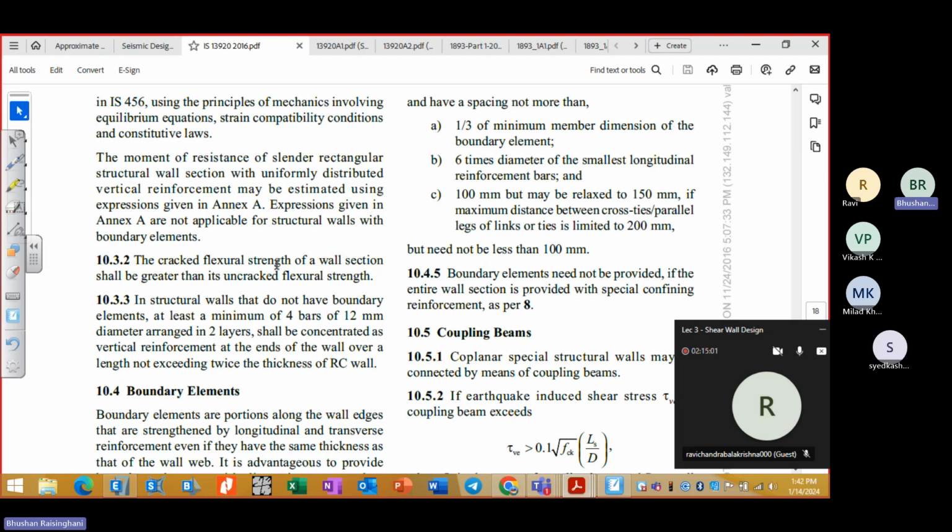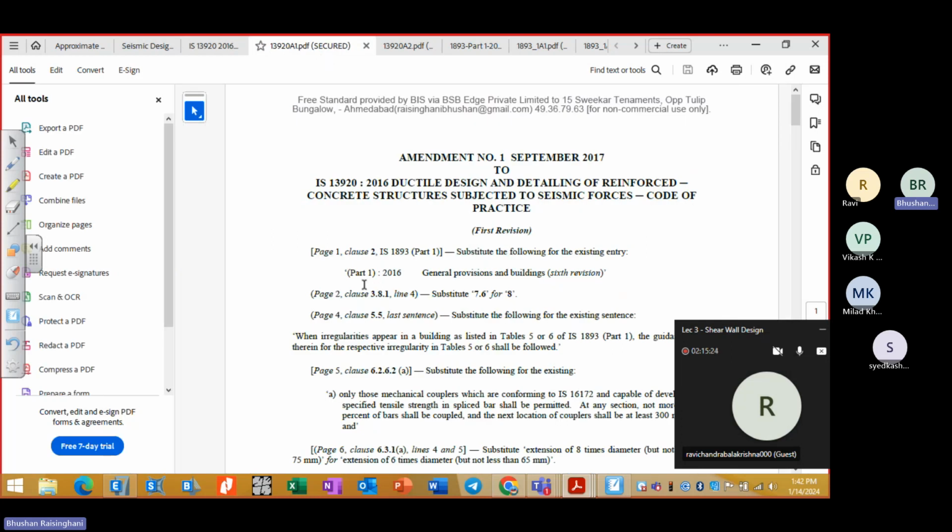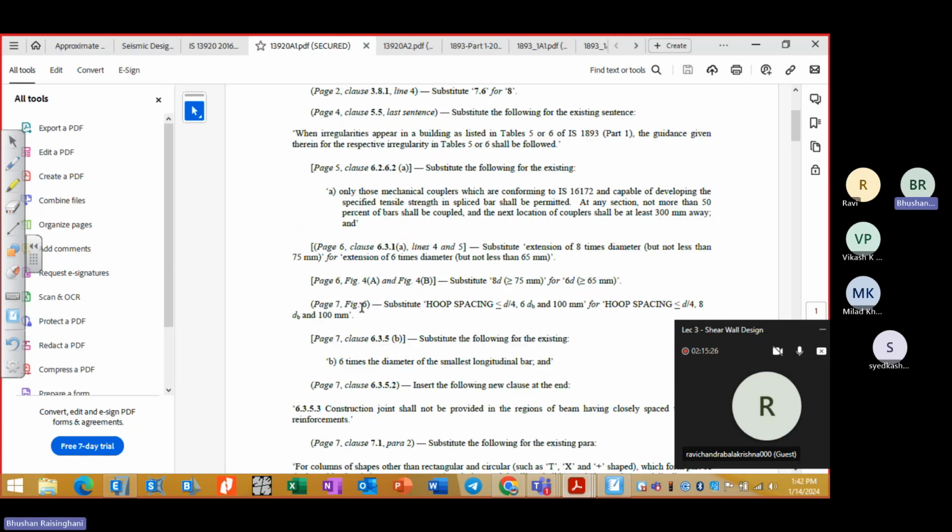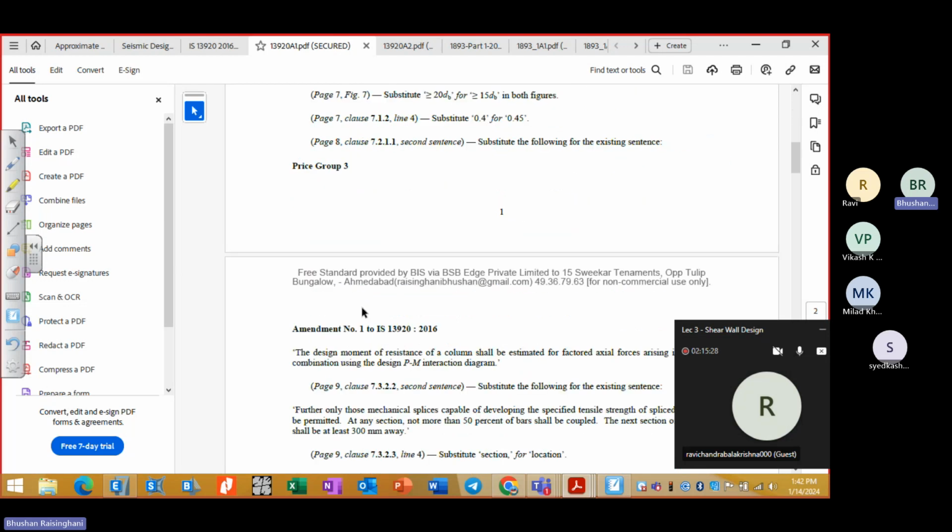I don't think anybody would have checked for this anywhere. No, sir, we did not check this also. But generally it's not possible, na, sir. No, if it is not possible, they would not have mentioned it. So let us see 10.3.2, if in the amendment they have changed it. It is 10.3.2.